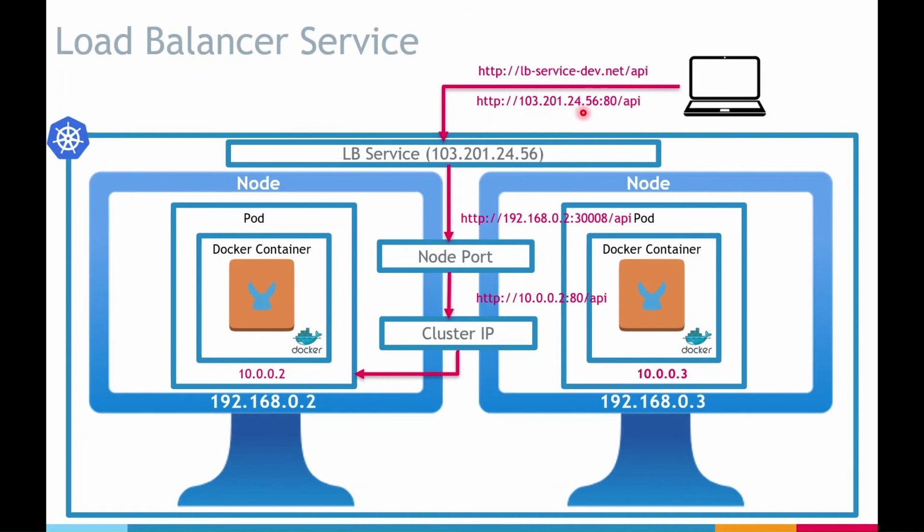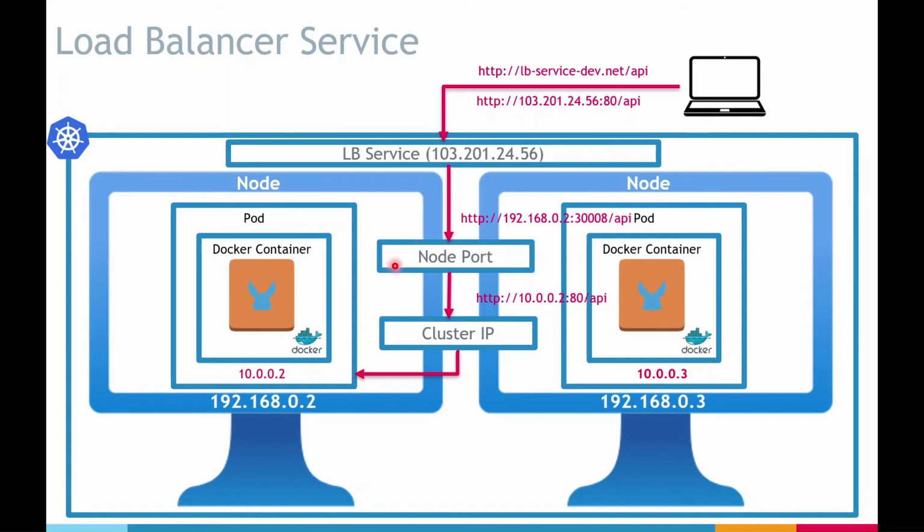Now the IP address is retrieved, and since it is HTTP, it will route the request on port 80 of the load balancer service. The request comes to the load balancer. Now obviously the load balancer has to reach the node. It will have both the nodes registered. So based on the algorithm it has, it will choose one of the nodes, and we need to access this node, right?